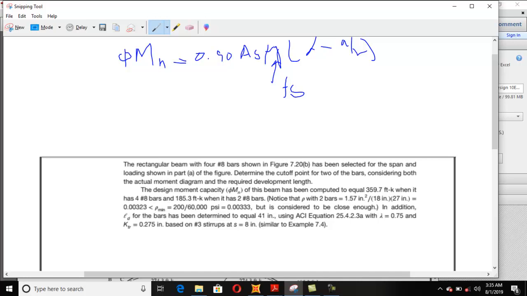So fy means that the bar strength must be equal to that strength which we are utilizing in our design. It may be 60,000 psi, or maybe 40,000 psi, maybe 75,000 psi.